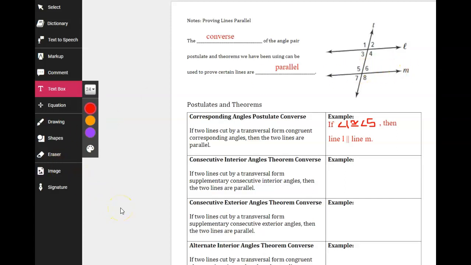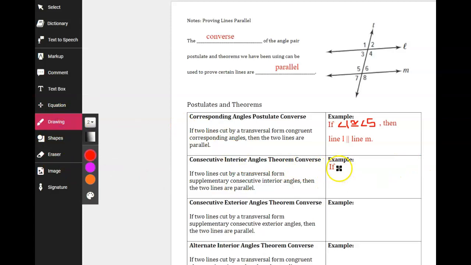The consecutive interior angles theorem converse. Remember, consecutive means same side and interior means inside of the lines. It says if two lines cut by a transversal form supplementary consecutive interior angles, then the two lines must be parallel. So again, let's pick a pair of consecutive interior angles and let's say that they're supplementary.